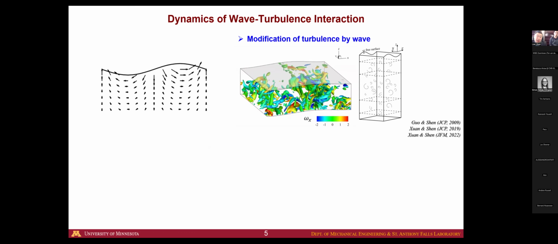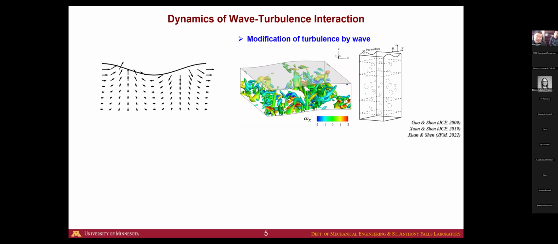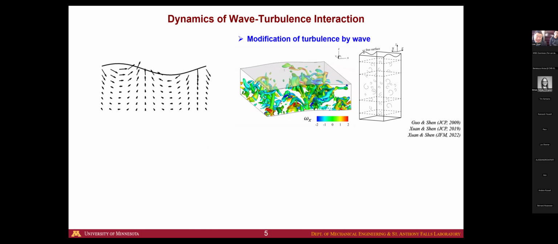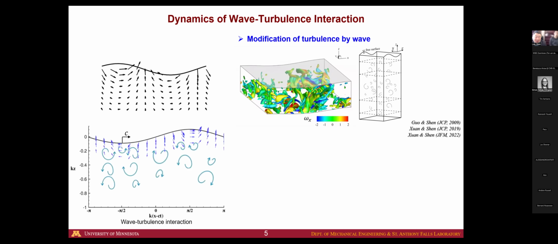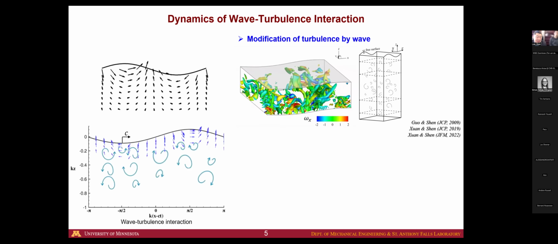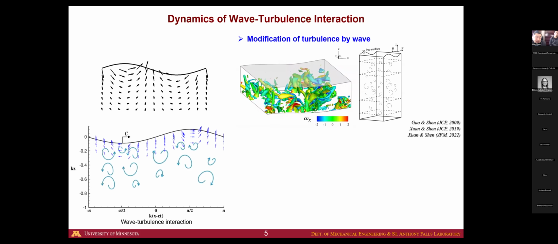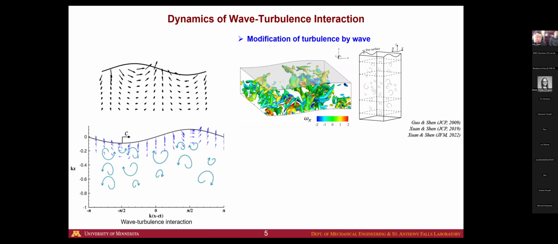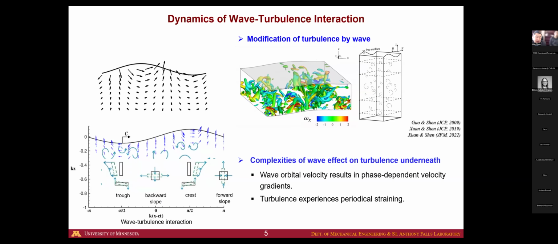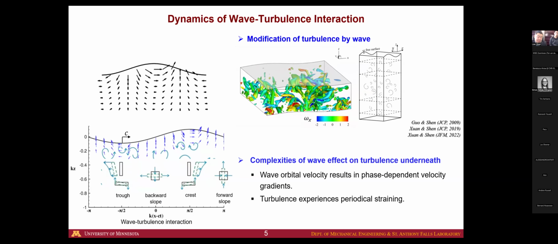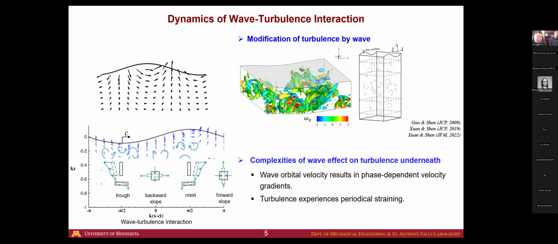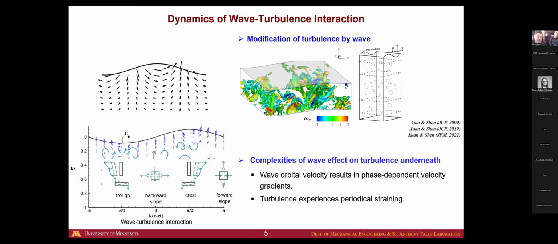This one has a periodic boundary condition, so basically the wave keeps passing through. Then we did some analysis about the turbulence in the wave field. What is essential here is that, due to the orbital velocity of the wave, it basically applies a strain rate field to affect turbulence eddies.